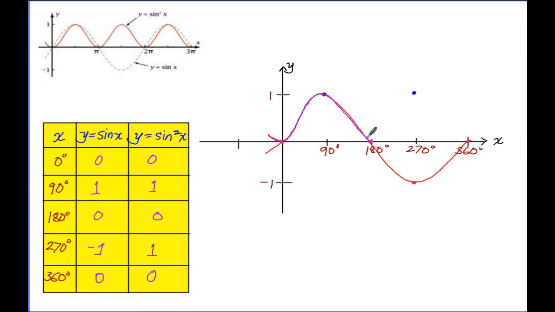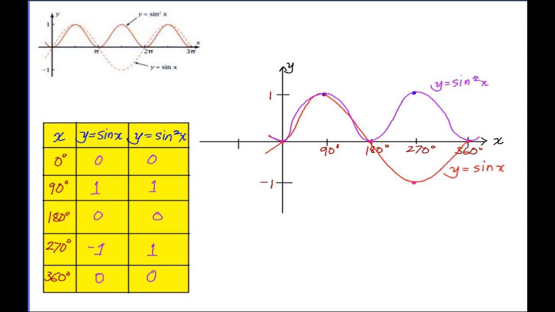So notice what happens. It will be like this. This is our y is equal to sine squared of x. The sketch in red here is y is equal to sine x.